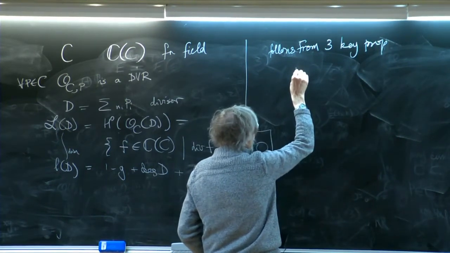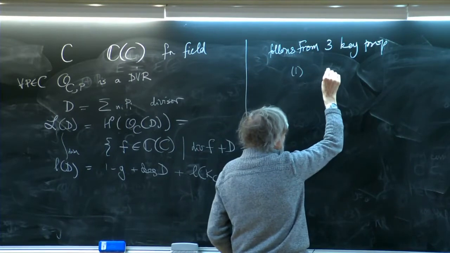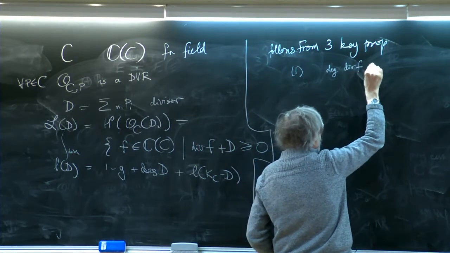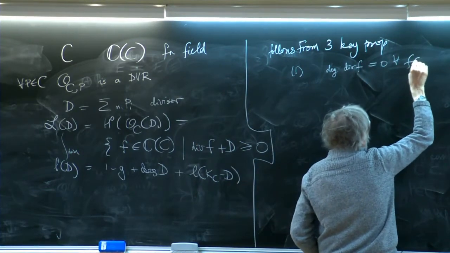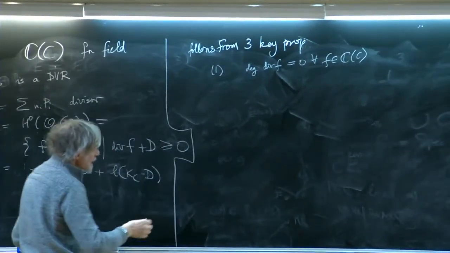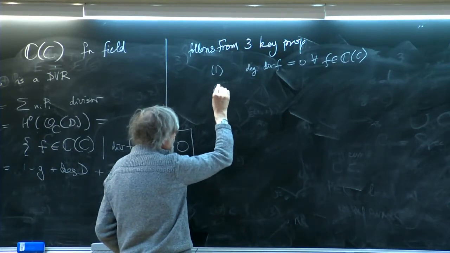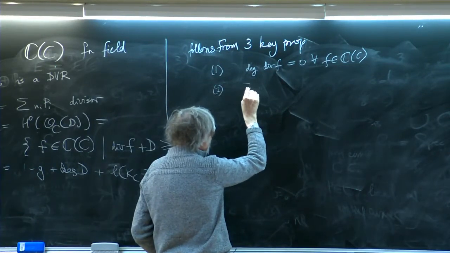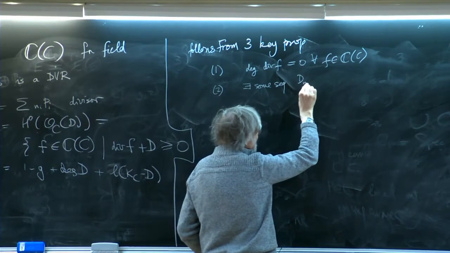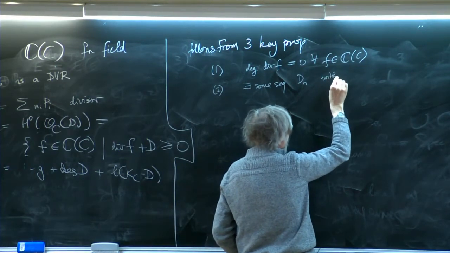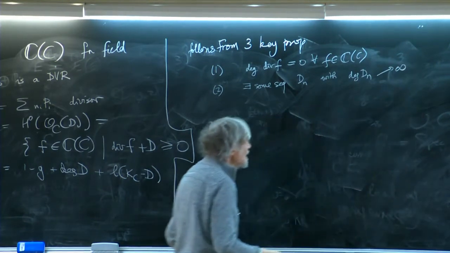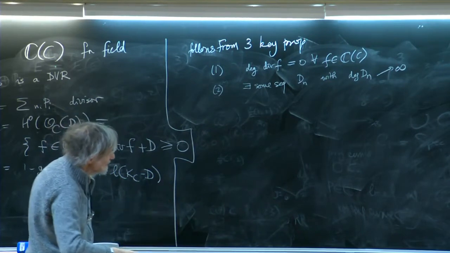The first key proposition, 1, is that the degree of the divisor of F is equal to 0 for all F. Yes, so 2 is the statement that there exists some sequence D_n of divisors with degree of D_n tending to infinity, so increasing degree.